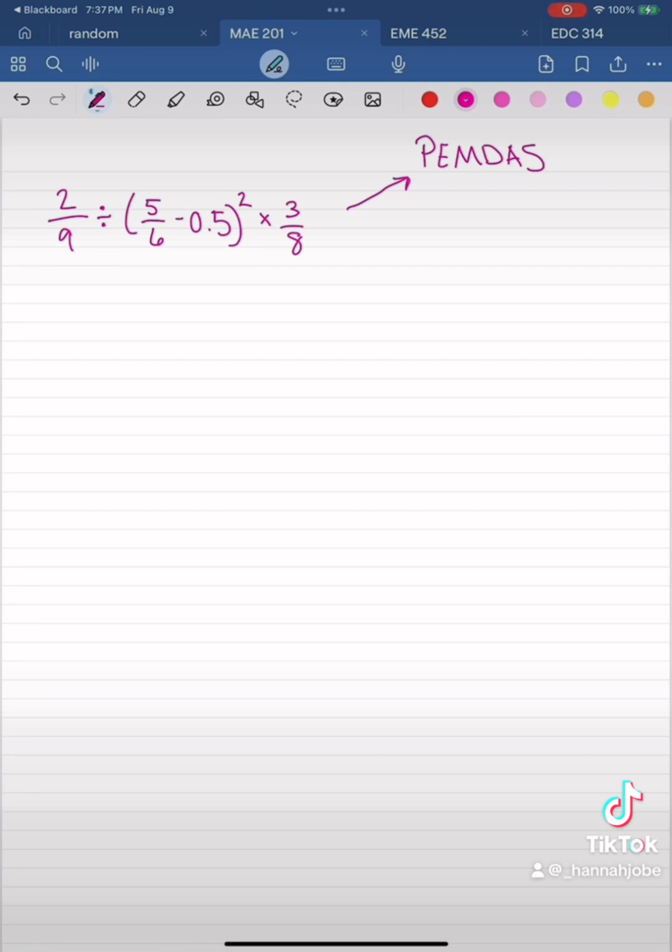So the first step is to find our parentheses, which is 5/6 minus 0.5 squared. What I want to do is take 0.5 and turn that into a fraction to make it a little easier to subtract from 5/6.